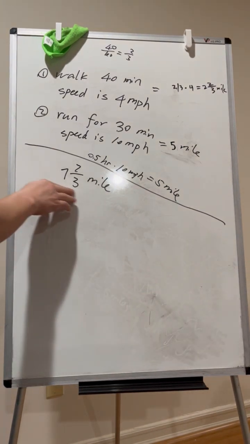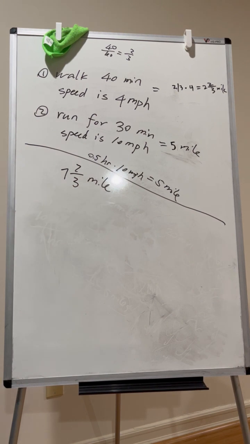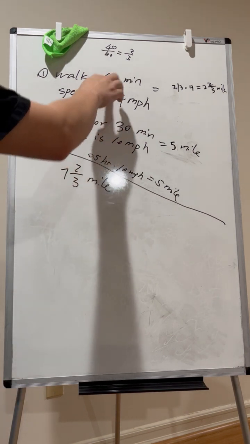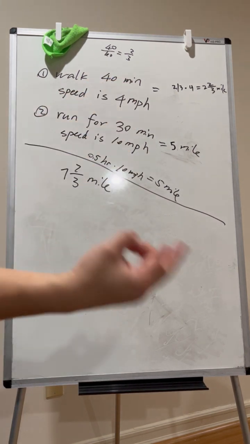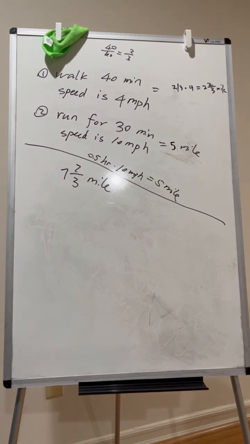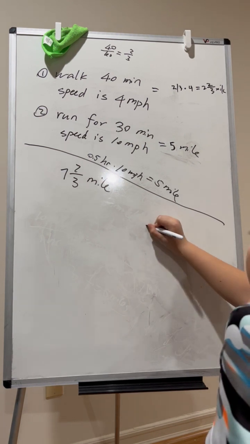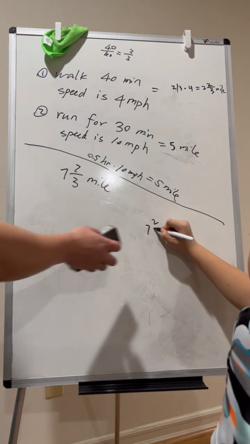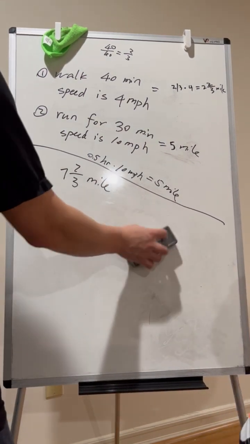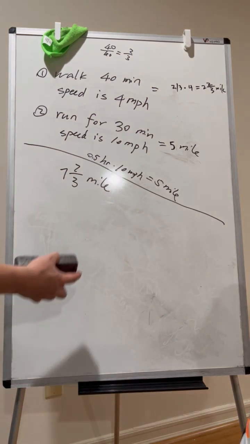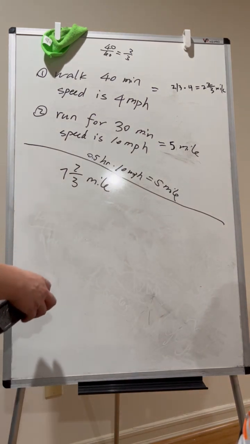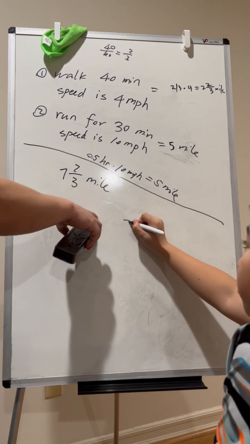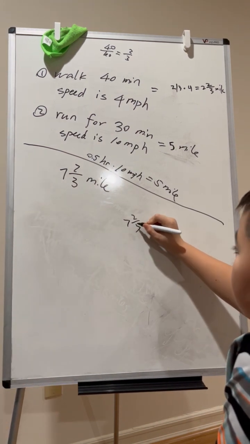In total, you traveled this far, in 70 minutes. So remind the audience, what will be the equation? What's the distance relationship? Distance over time is equal to speed. So you have 7 and 2/3.